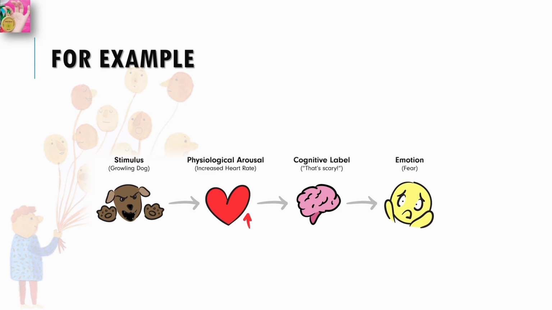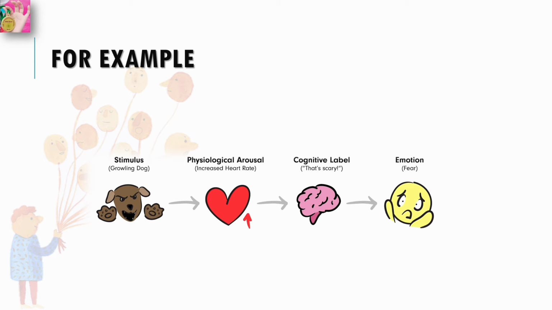For example, if a person comes across a snarling dog while taking a walk, the physical arousal, which might include the heart racing and eyes opening wide, is accompanied by thoughts, which we usually refer to as cognition.